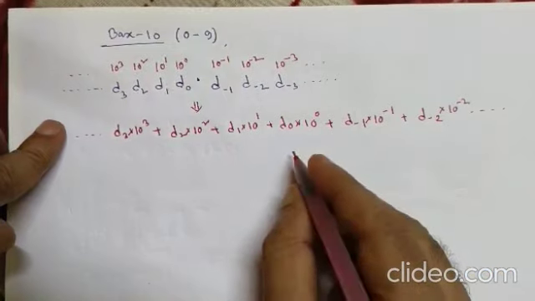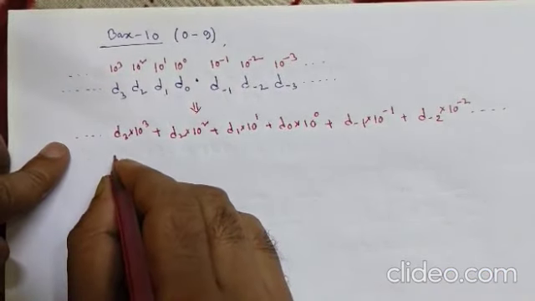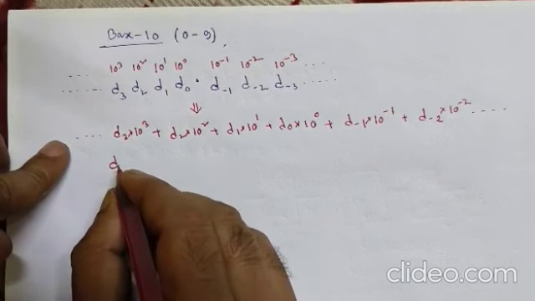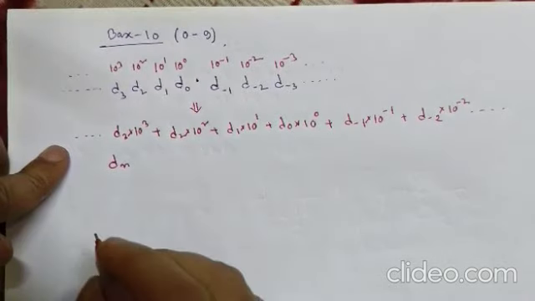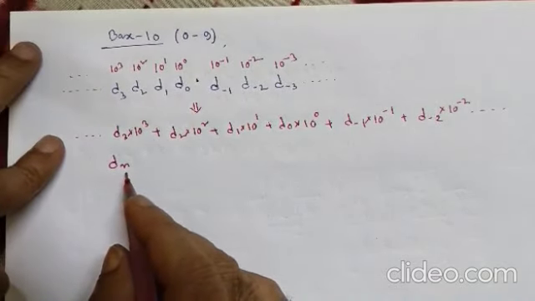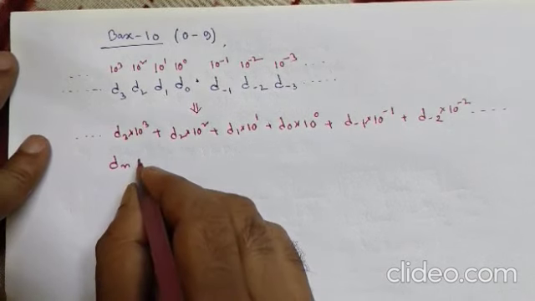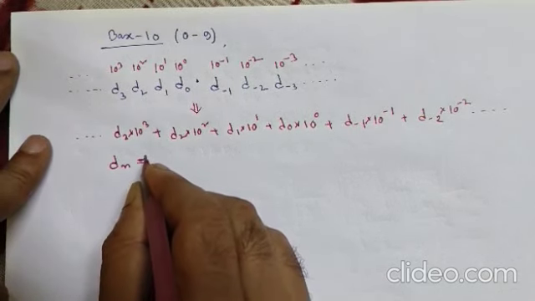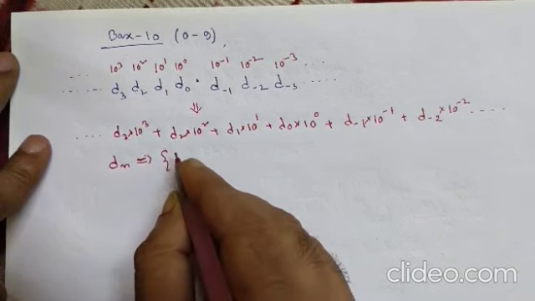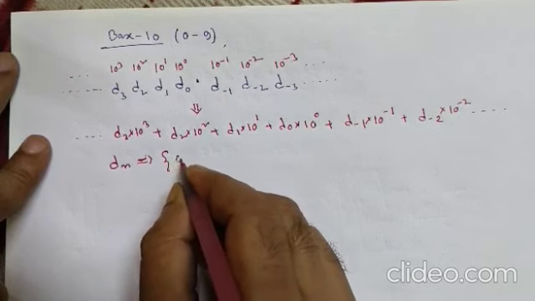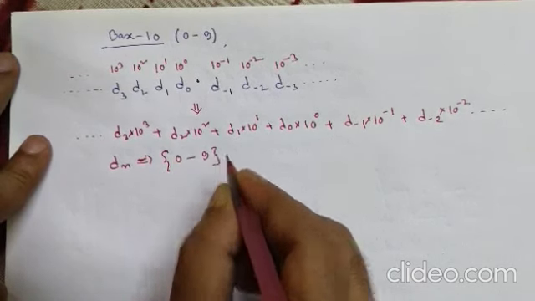Now here Dn, where n represents the position, should be within the set 0 to 9.